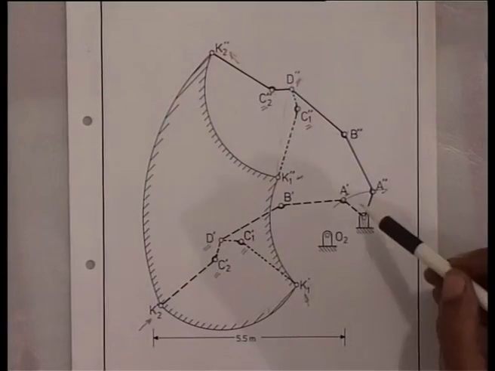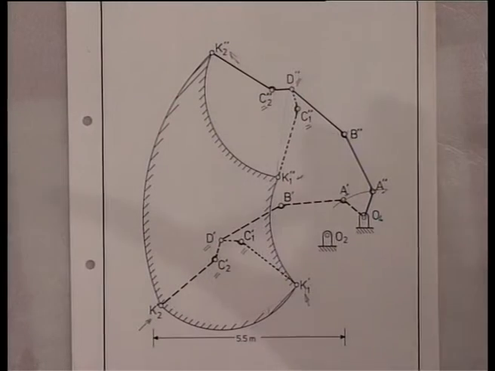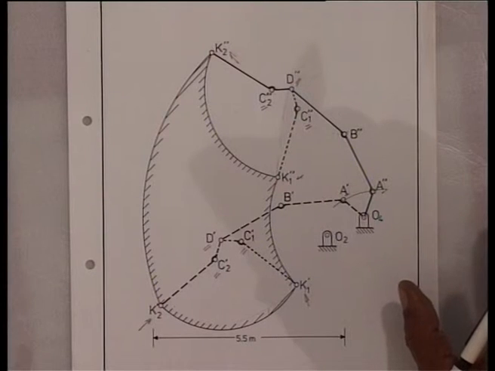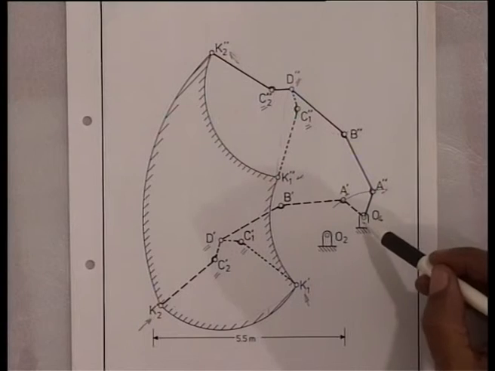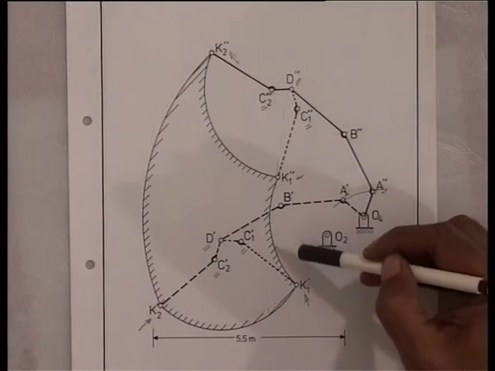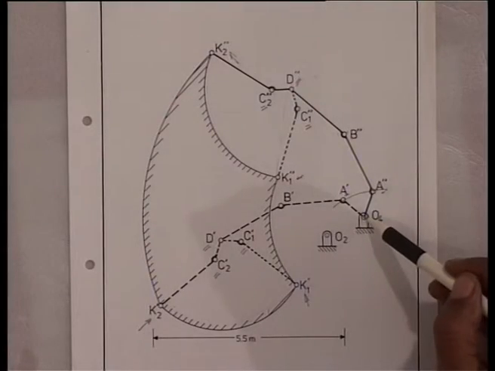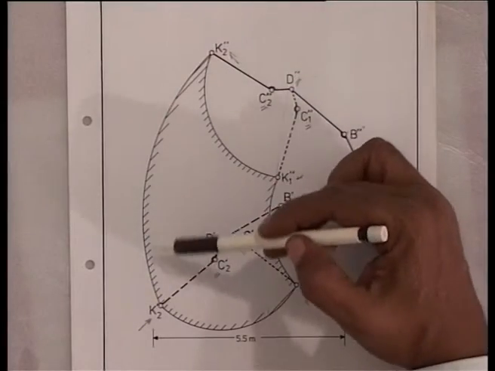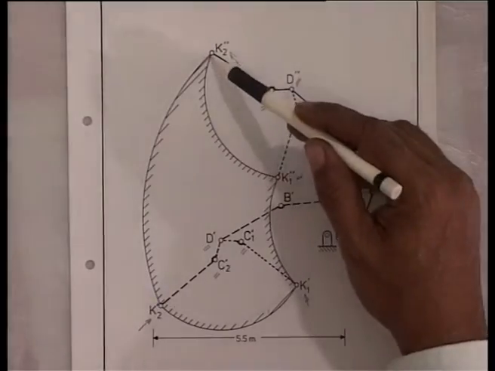Same way, one can say that the distance from O4 does not change, again because if the actuators are at maximum locations, link number 4 and 7 get rigidly connected and K moves on a circle with O4 as center. So, this is another circular arc joining K1 double prime and K1 prime with O4 as center, and another circular arc with O4 as center and radius O4 K2 prime.